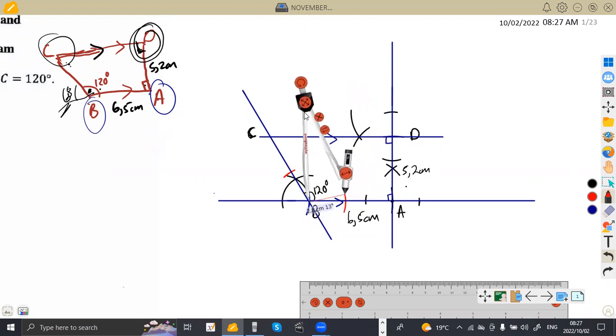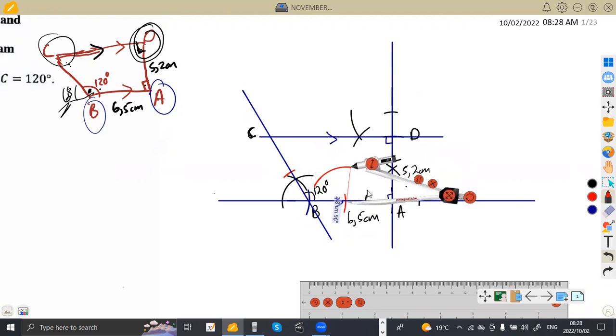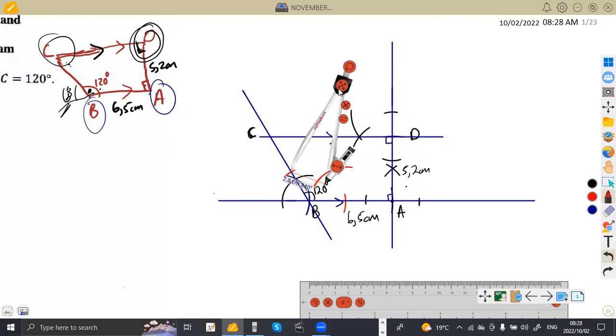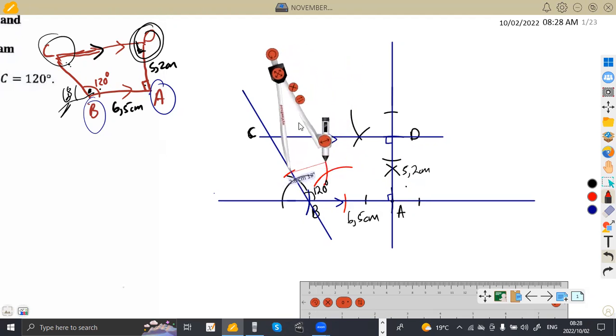From those arcs, without changing the length on your compass, mark an arc within the region where you expect to have an angle 60, that is alongside this region here. Then also on the other side, you do the same. Definitely they are going to meet at a certain point. Those arcs will meet at a certain point like this.